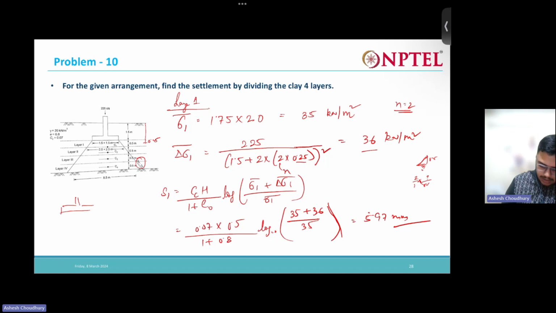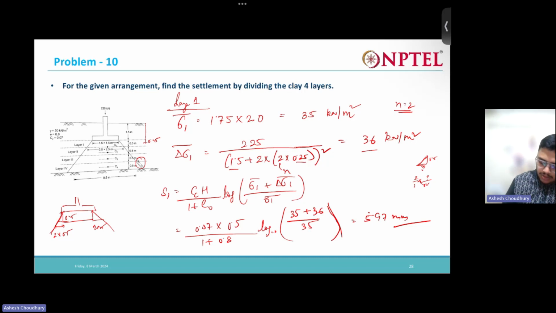You are distributing it like this at a depth of 0.25. So this is 2 into 0.25, and again from here 2 into 0.25, plus this is the width 1.5.